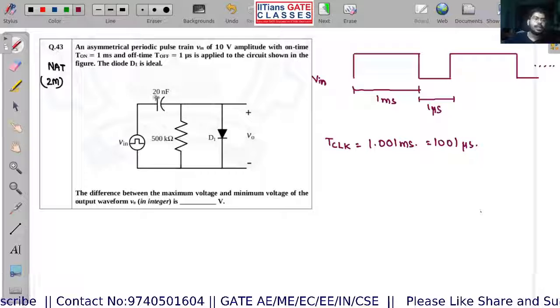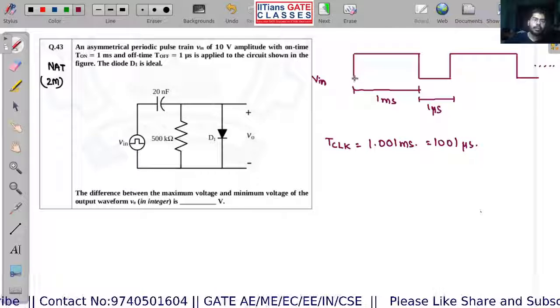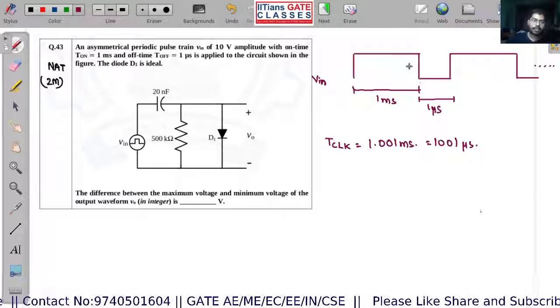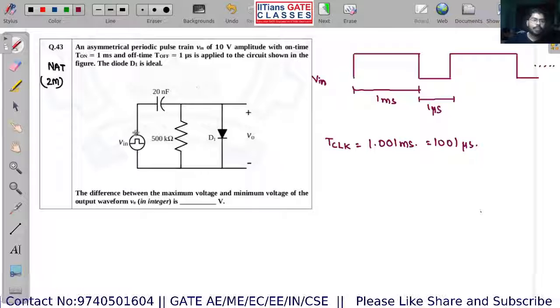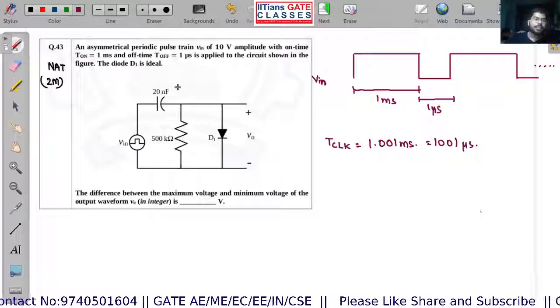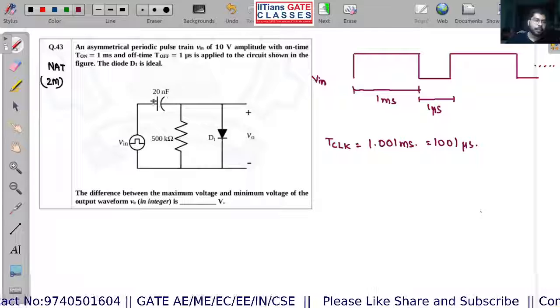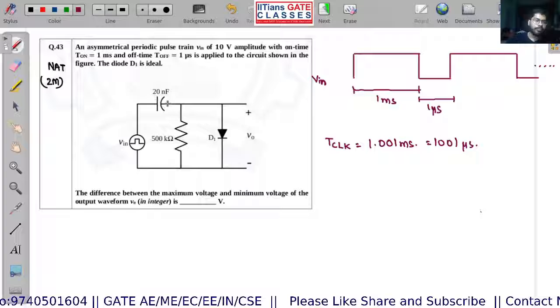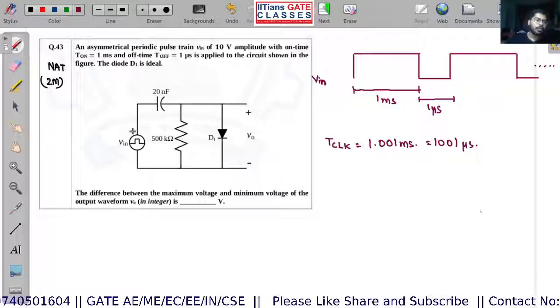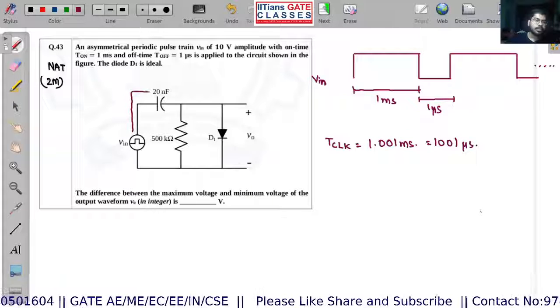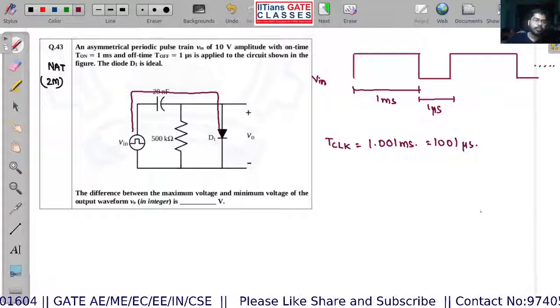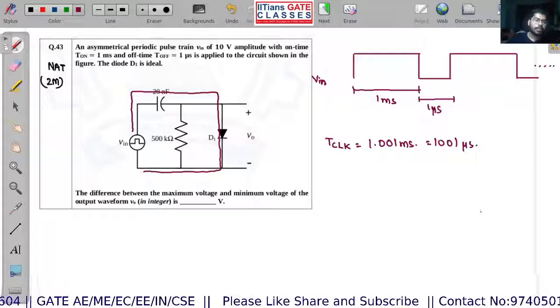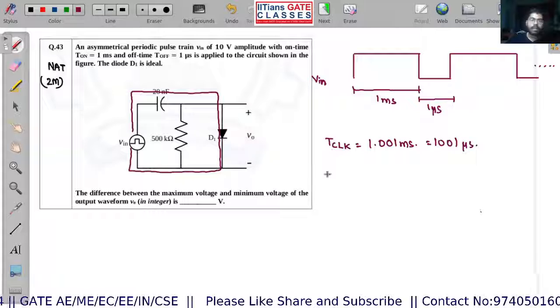So now tell me what will happen in this positive pulse. This capacitor, initially it is uncharged. So this will be shorted, and the charging path of the capacitor will be through this diode in the positive half cycle.